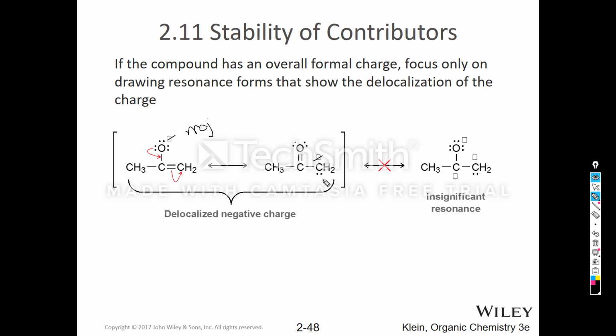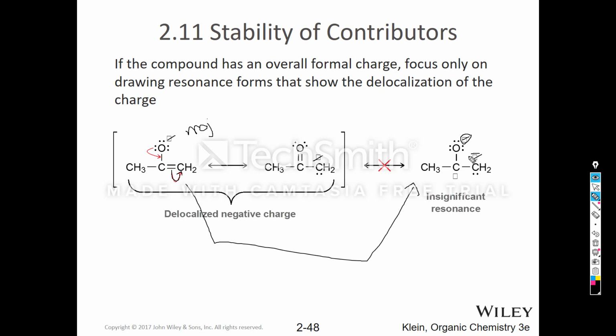So that is that. Now you can write a third resonance form like the one you wrote in the previous one, where you start here and get here by just breaking this bond towards the carbon without pulling these electrons from the oxygen. So this oxygen has a negative charge, same as the first one.